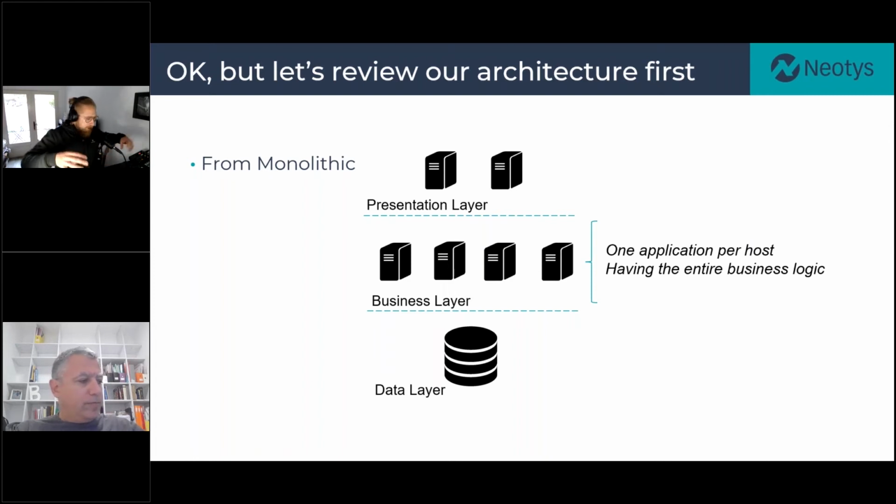We were building and compiling the entire logic of the business layer into a big binary file, and then deploying it on one server that would have everything there. We would do some capacity planning to figure out how many nodes we needed to handle the load. But there was no way of putting more power on one specific service of our organization because we had to deploy the entire stack. So that is not very well aligned with scaling. We were able to scale, but we were consuming quite a lot of resources at that time.